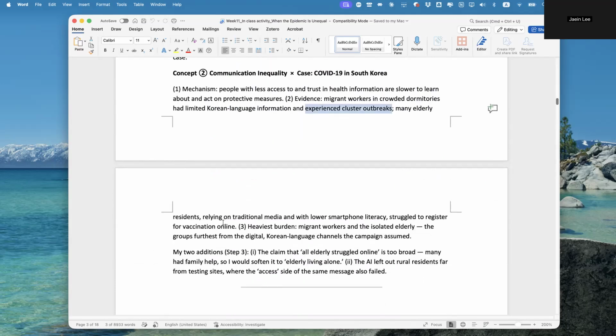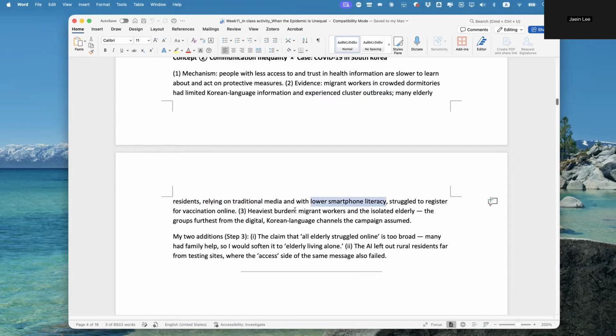Mainly elderly residents rely on traditional media and have lower smartphone literacy. The heaviest burden fell on migrant workers and isolated elderly and older adults. So maybe we can try to see that.